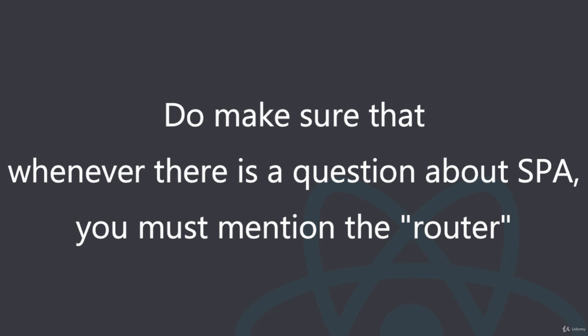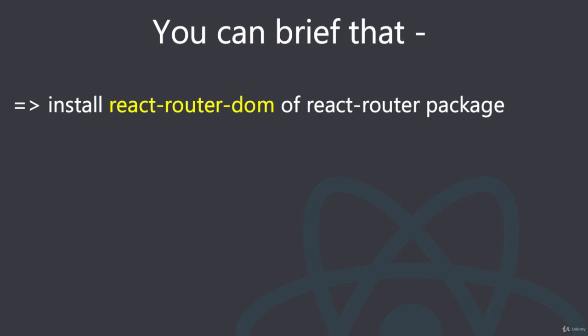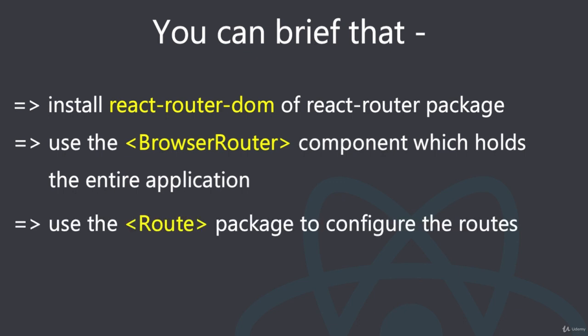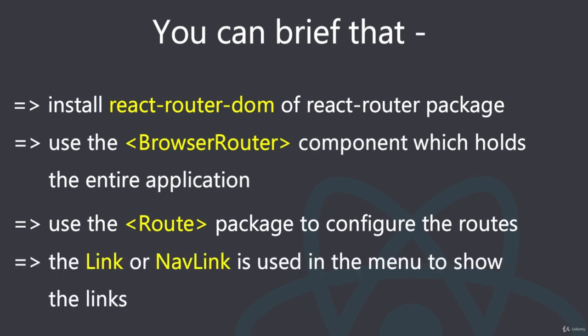You can brief that, like for React Router, you can say that you install React Router DOM. Of the React Router package, you use the BrowserRouter component which holds the entire application, and use the Route component to configure the routes. The Link or NavLink is used in the menu to show the links.